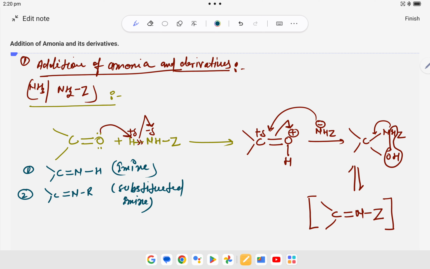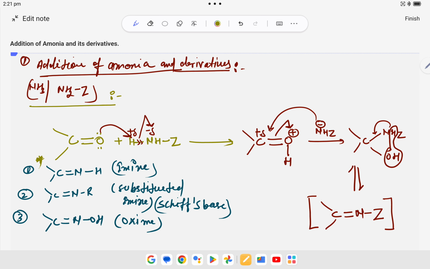And one very important thing, it is also called Schiff base. At the place of Z, if you are using OH, then it's called oxime. Here these two are very important from the competitive point of view. Star, this is also very important.